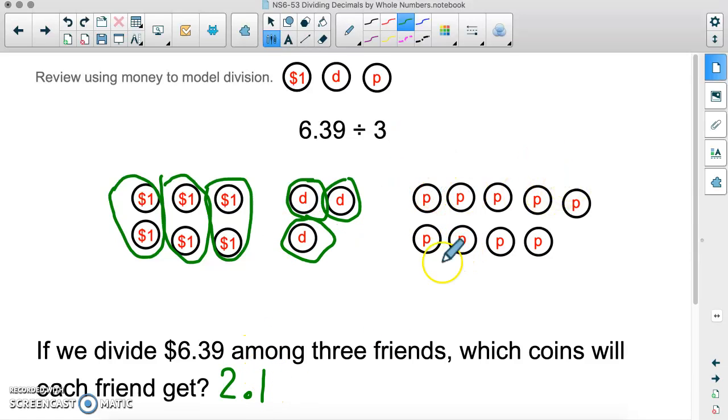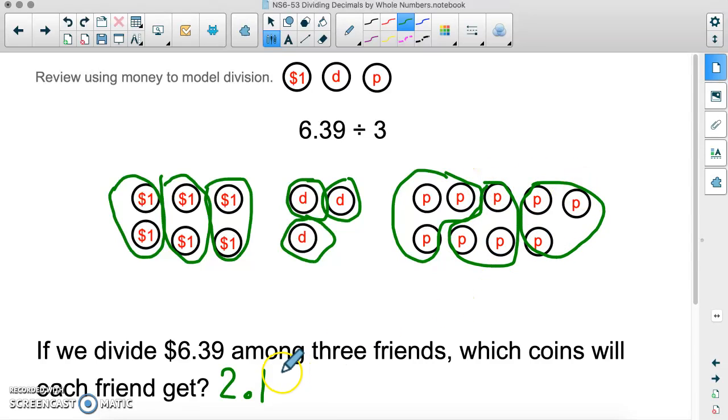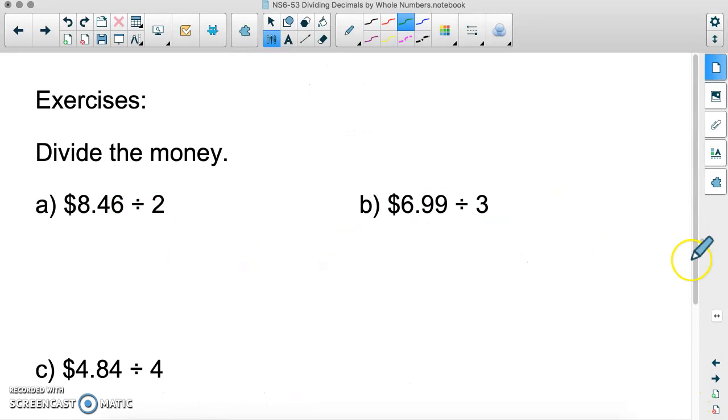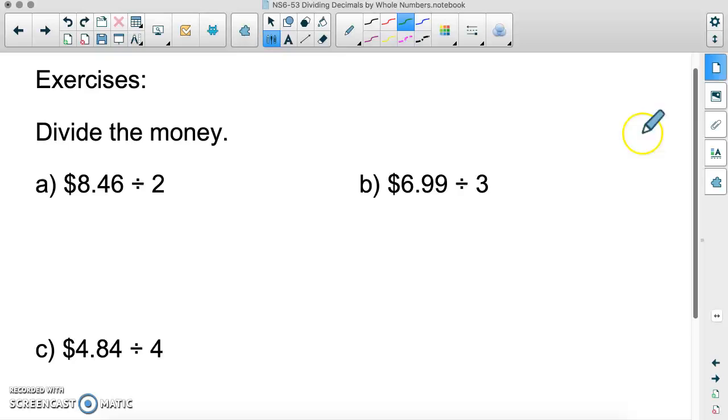And then if I divide these pennies up into 3, 9 divided by 3 is 3. So each friend is going to get 3 pennies. So that's going to represent 3 hundredths. So each friend is going to get $2.13. Now let's do these on our whiteboards as an exercise.